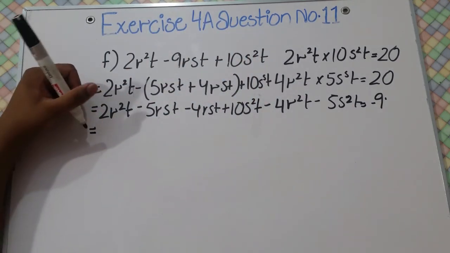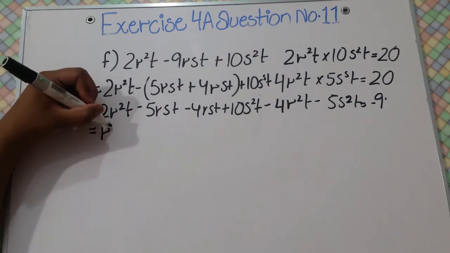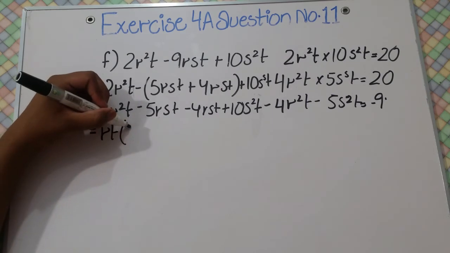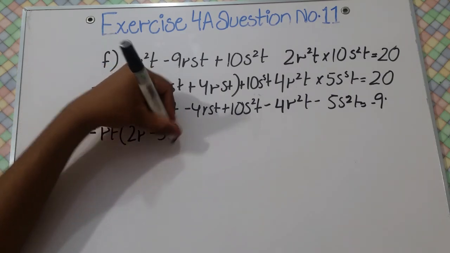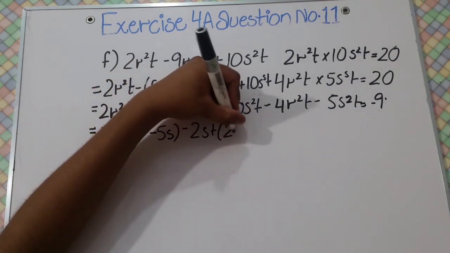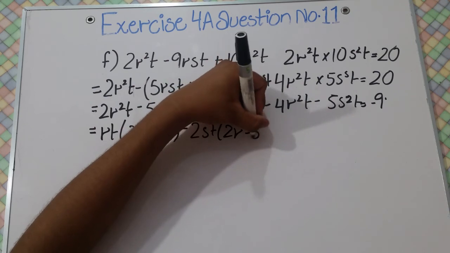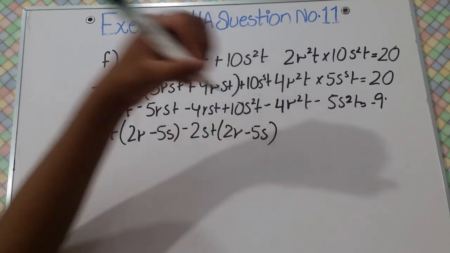Then we are going to do a simple thing, take the commons, rt and then 2r minus 5s inside, then 2st and 2r minus 5s, minus plus is minus, and 5s in the brackets.